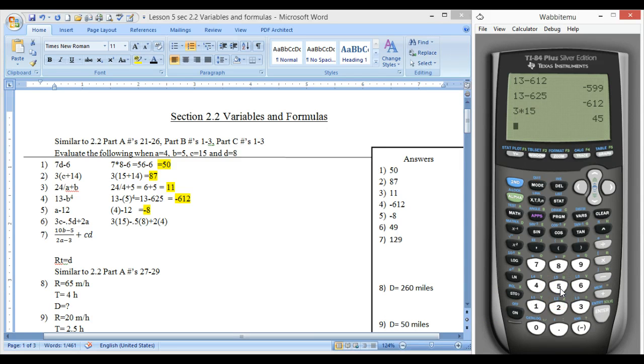I know some of you already know that's 45. So we're going to come over here. That's 45. Subtract. Now 0.5 times 8. 0.5 is the same as 1/2. Half of 8 is 4. Add 2 times 4, which is 8.